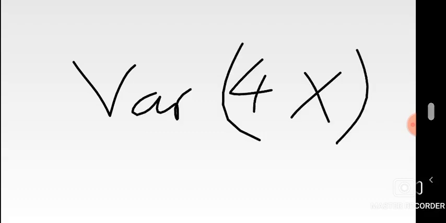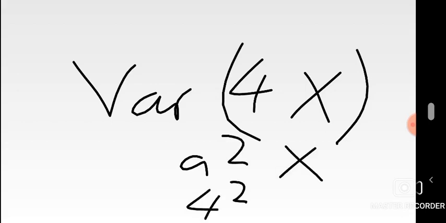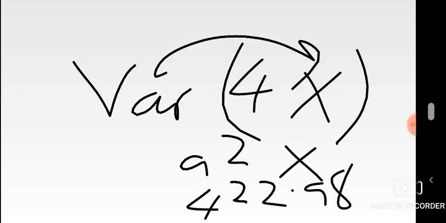So like our question had variance of 4x. What did they mean? That rule: just square the coefficient and multiply it by the variance. The coefficient is 4, we square it, multiply by the variance we found, 2.98. What answer are we getting at the end of the day?